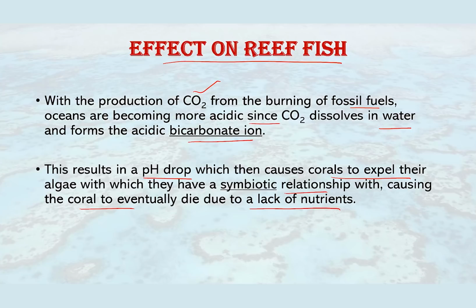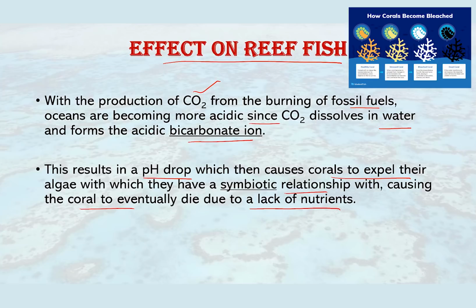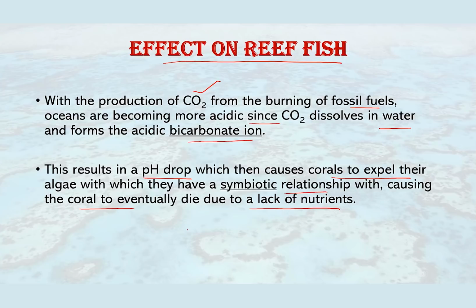Since coral reefs are one of the most diverse ecosystems on the planet, coral bleaching due to ocean acidification could result in major loss of habitat for many species of reef fish, resulting in increased predation and eventual endangered classification or extinction of countless species.